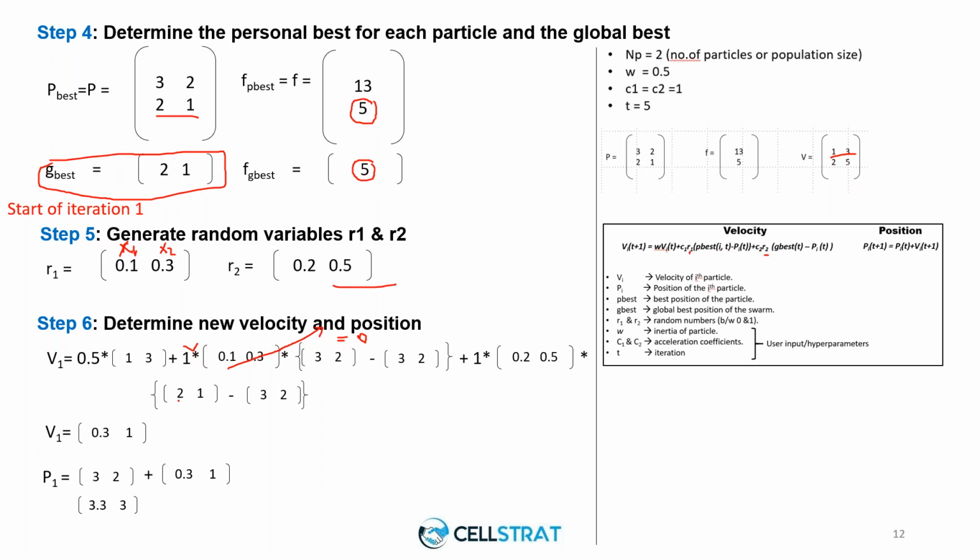This is the global best 2 comma 1, and this is our current position. So we get a new velocity, and then we add this velocity to the initial position to get the new position. For particle 1, we started off with this position, and after updating, the new position is 3.3 comma 3.